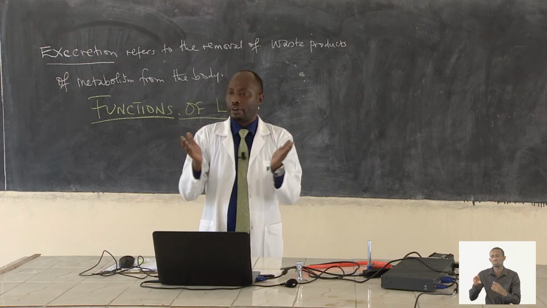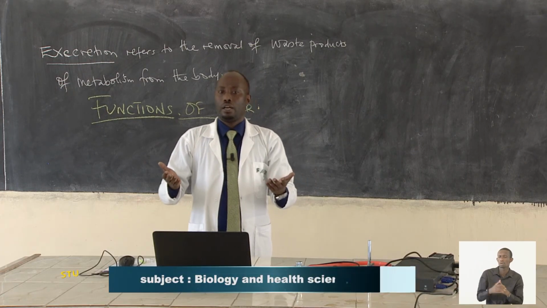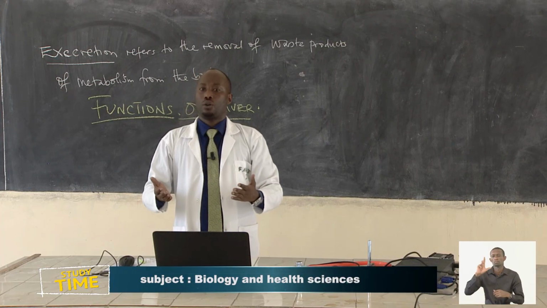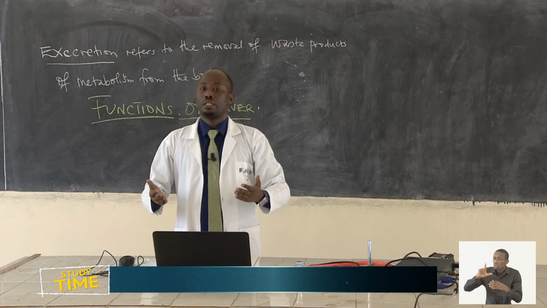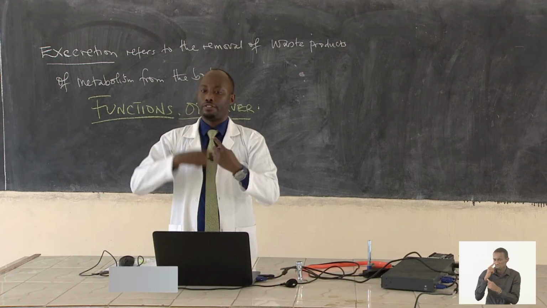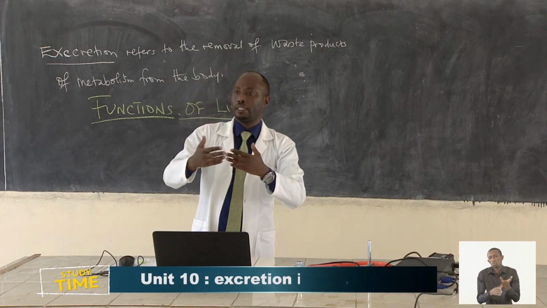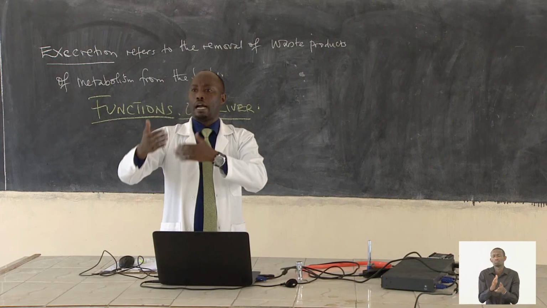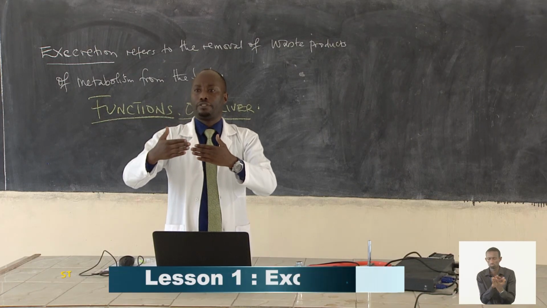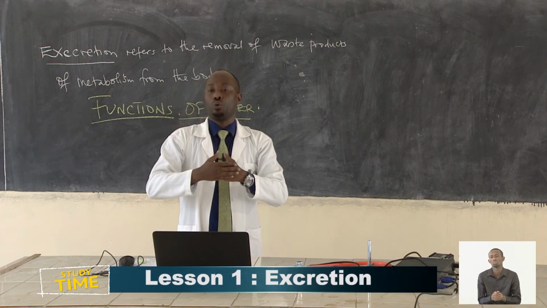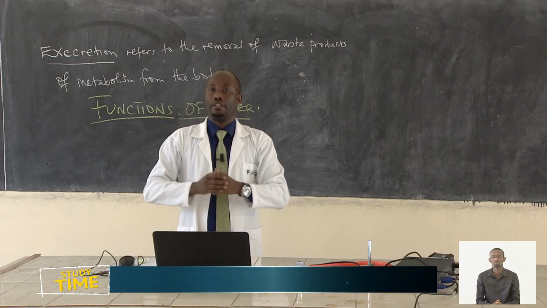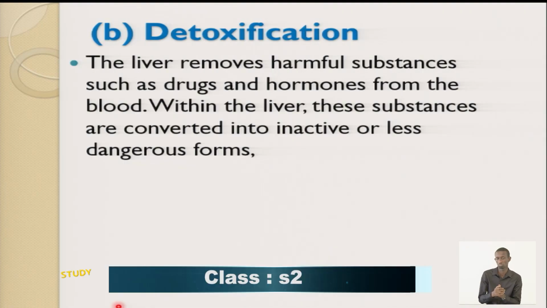I talked about drugs and even excessive hormones in the blood. Within the liver, these substances are converted into an inactive form or less dangerous form. They change them from being too active into inactive, which would be less harmful or less dangerous to our body.